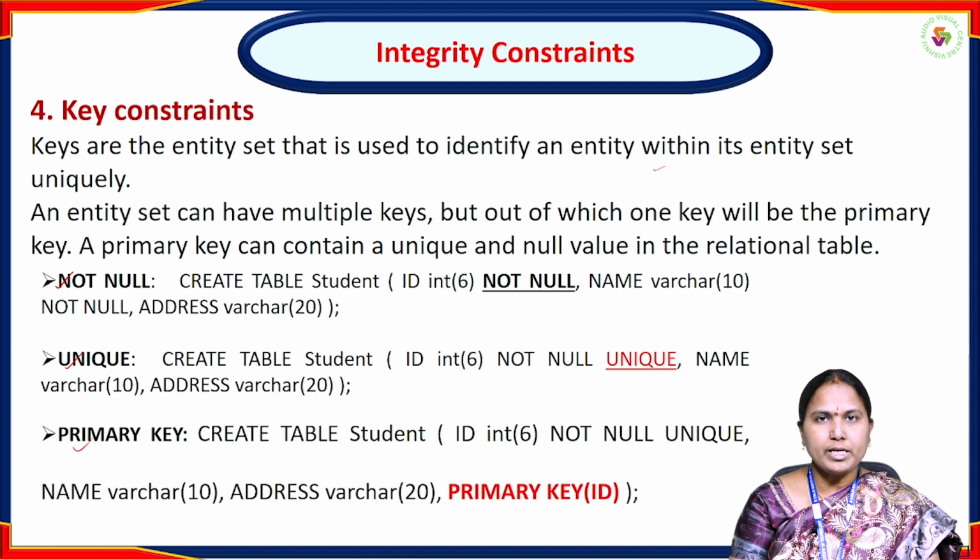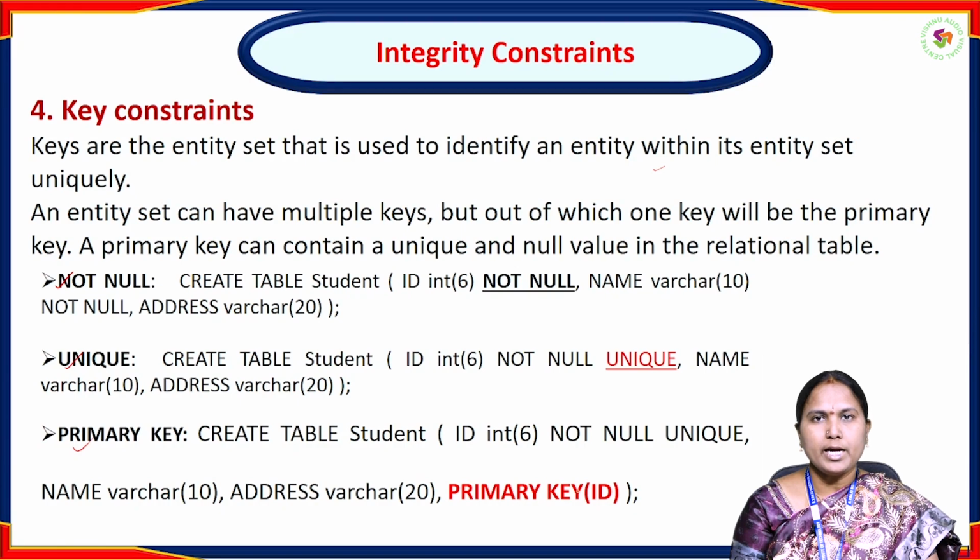Okay. The primary key, how are we assigning it? Create table student, ID integer, not null unique, name character, address varchar. So instead of this, directly you can give primary key of ID. Automatically whatever values we are inserting, those values are verified by the primary key constraint.